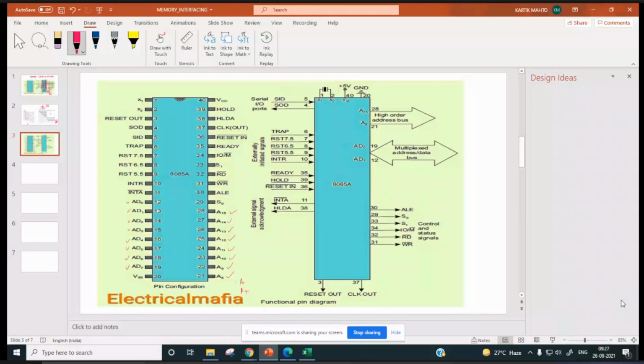Pins are there. So these pins will be used for sending the address and as well as transmitting and receiving data, right? So while these pins are being used for sending the address, ALE is made high by the processor, so that whatever is the content of AD0 to AD7, which is nothing but address only, will be stored in the external latch, and these pins will be free for transmitting and receiving the data.